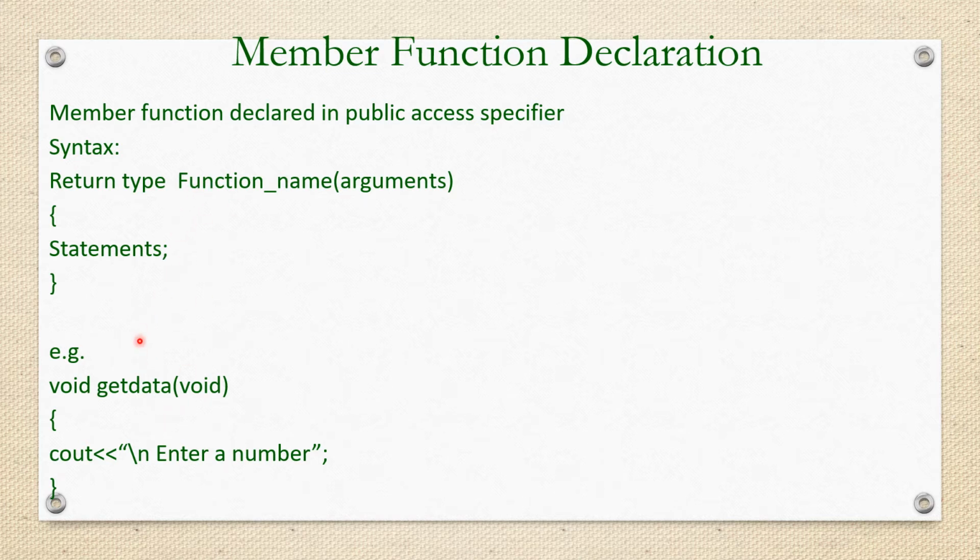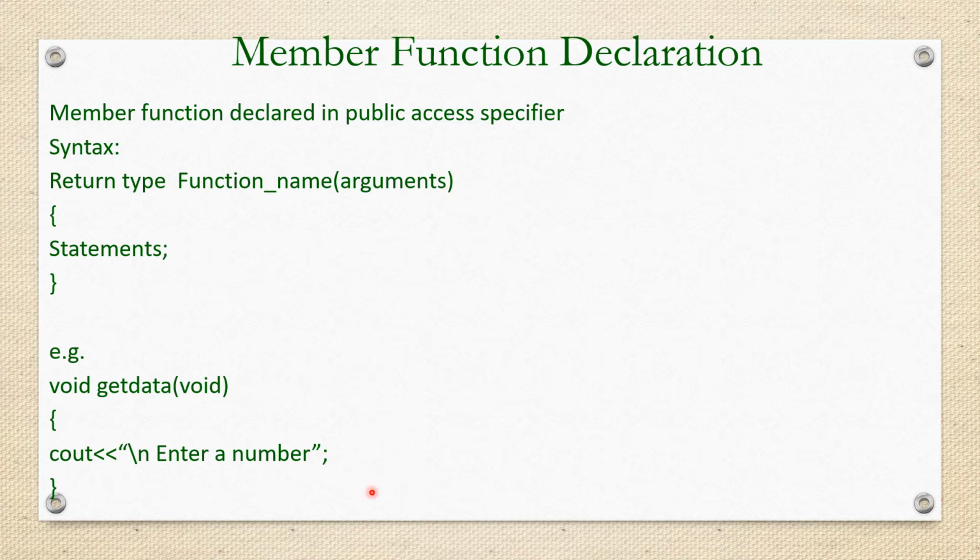The function name can be anything, but again in member function declaration you have to see that the member function name should be meaningful. Suppose you are accepting the value from the user, so you will write get data or accept. Suppose in your program more than 2-3 classes are there and they require member functions to accept the value, then you will write accept 1, accept 2, accept 3, like this.